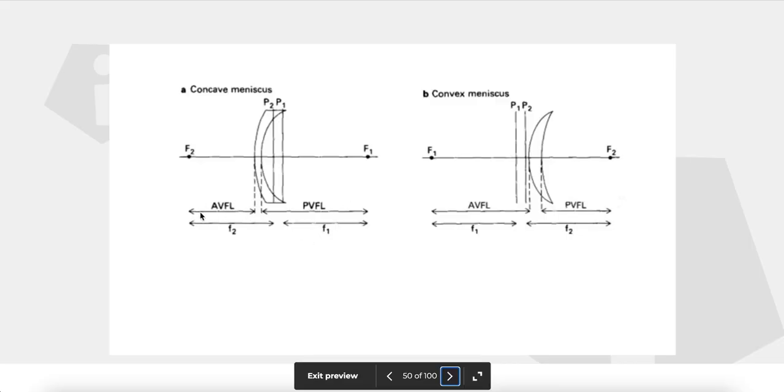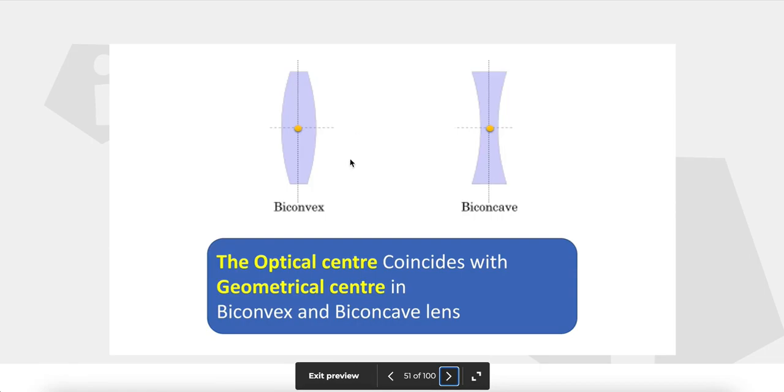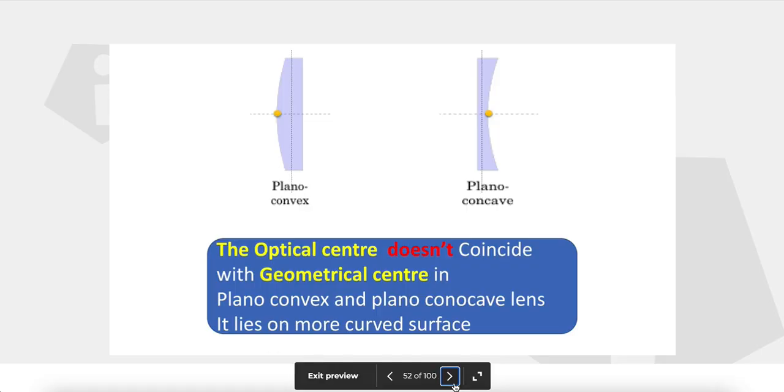Here you can see the anterior vertex focal length and posterior vertex focal length for concave minus and convex plus lenses. We said that the optical center coincides with the geometrical center for biconvex and biconcave lenses. But in the case of plano-concave or plano-convex, the principal point doesn't lie on the plane surface.